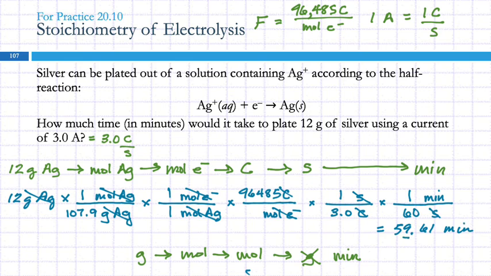And I should probably have 2 sig figs there, so we'll call it 60 minutes. This is stoichiometry with electrons. Here, we're not worried about cell potentials or anything like that. It's just stoichiometry. Any questions?